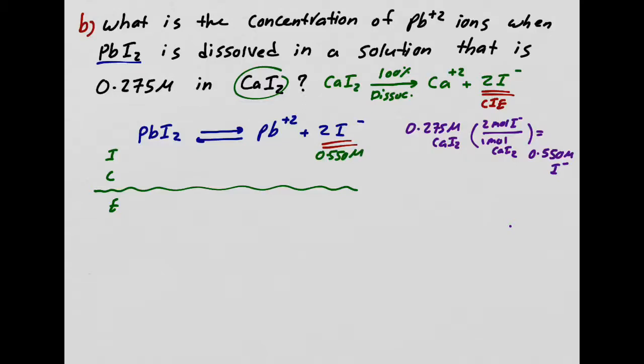Now, what does that mean again? This is the same as before, minus x, x, and 2x. Here is going to be my x, and here would be 0.550 plus 2x.